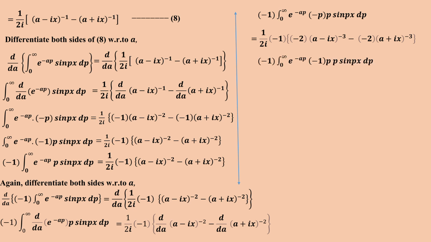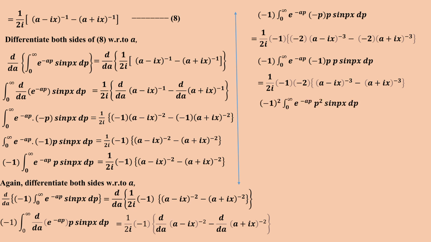So minus 1 integral 0 to infinity e power minus ap, again minus p can be written as minus 1 into p sin px dp, which is equal to 1 by 2i. Minus 2 is common, take it outside: minus 1 into minus 2 into (a minus ix) power minus 3 minus (a plus ix) power minus 3.